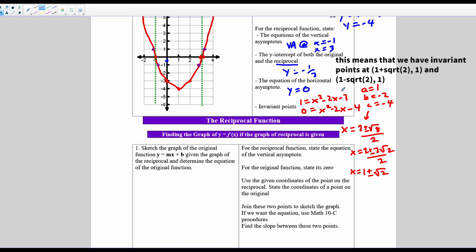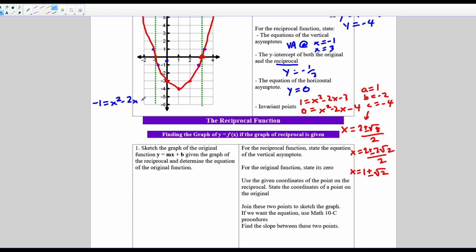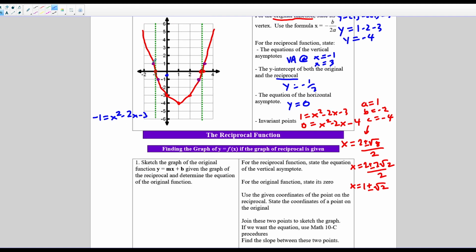So that's what happens when I plug in a 1 for y. We do the same thing where I plug in -1 equals x squared minus 2x minus 3, and I would find 2 more x values that give the corresponding x values of these two invariant points here and here.